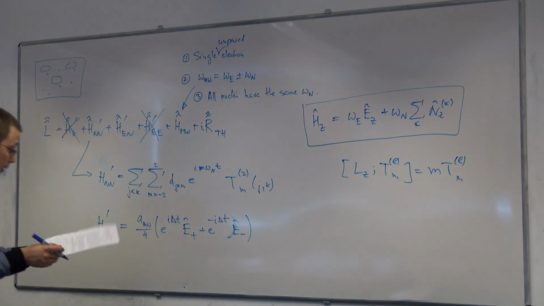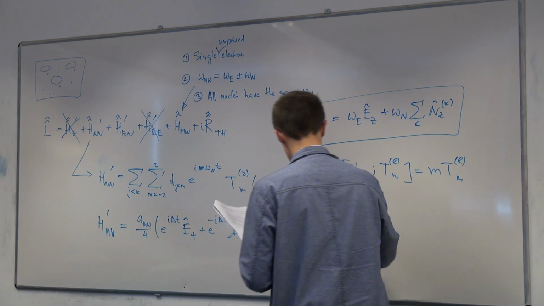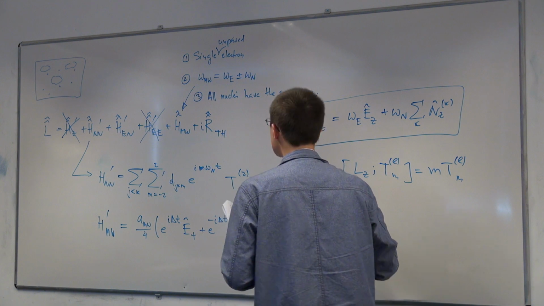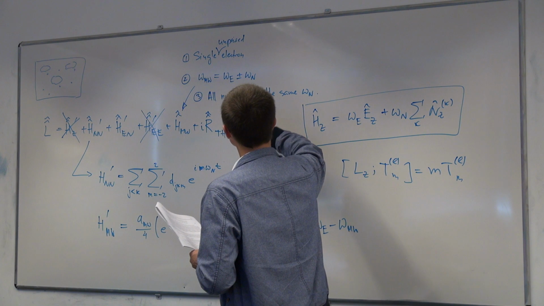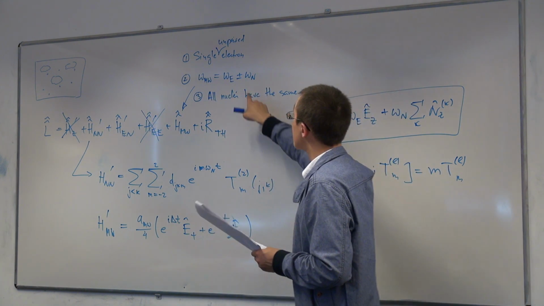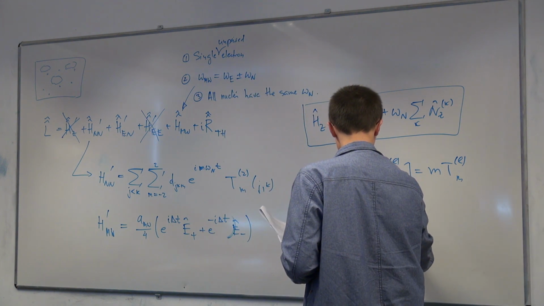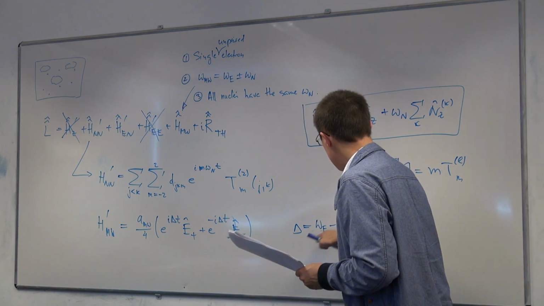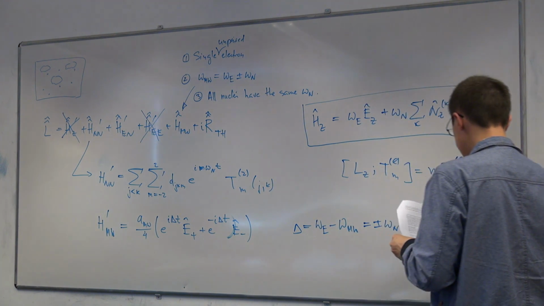Delta is the difference between the frequency of the electron and the frequency of the microwave, and by assumption that is chosen to be plus or minus the frequency of the nucleus, so plus minus omega n. So we are irradiating either a zero quantum transition or a double quantum transition.